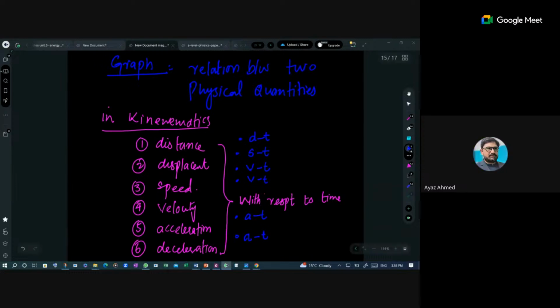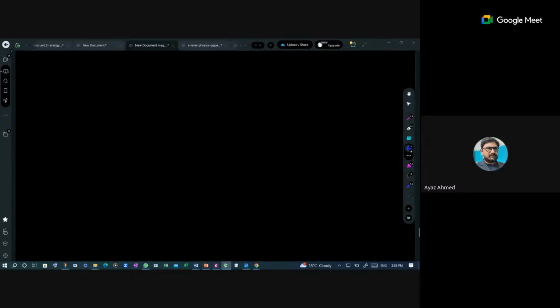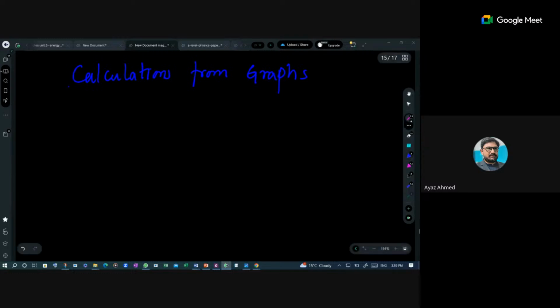Okay, the next thing to discuss for graphs is that whenever we are talking about graphs, there are calculations on the basis of the graphs.